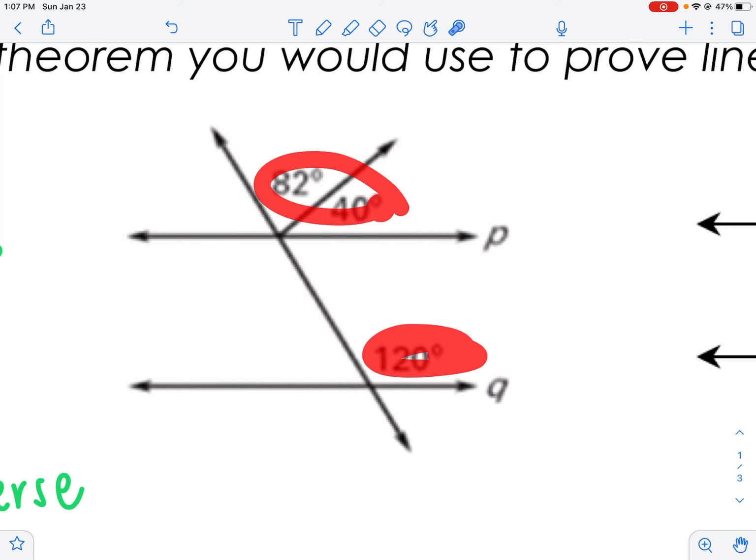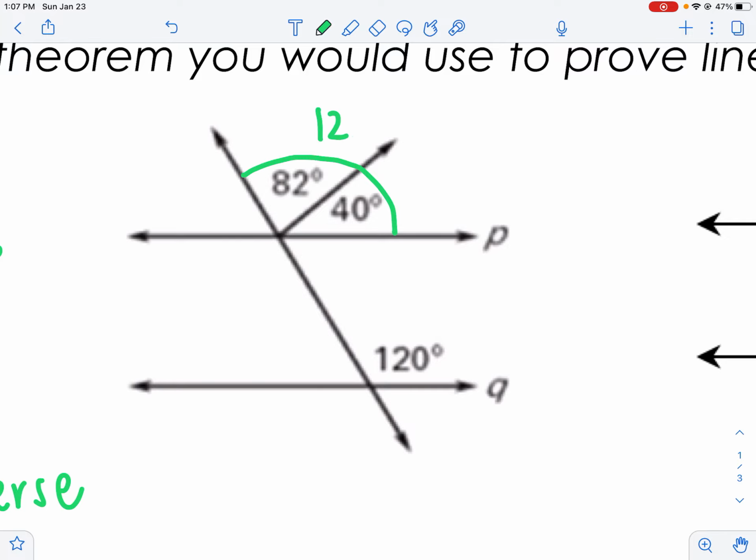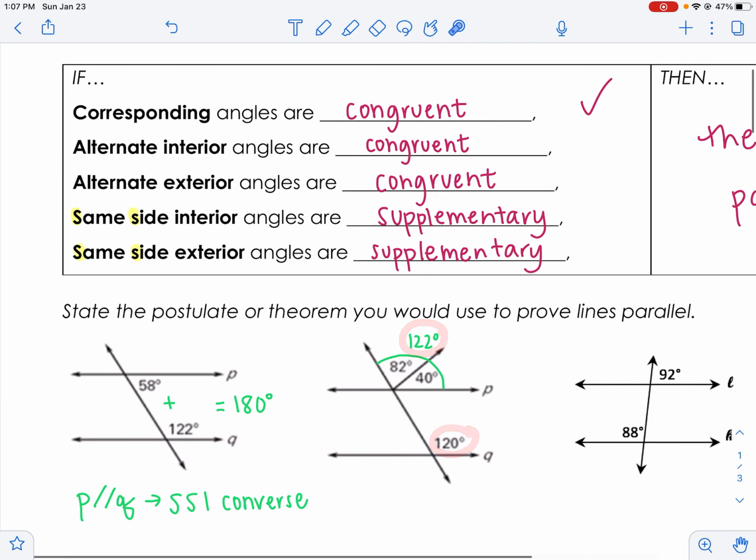Okay, taking a look at the next one. I know this is 120. It should go with that one right there. Ask yourself, what type of angles are in that spot? Top right, top right. Okay, that would be corresponding. And they tell me 82 and 40. Well, 82 plus 40 would make 122. So I have 122 and 120.